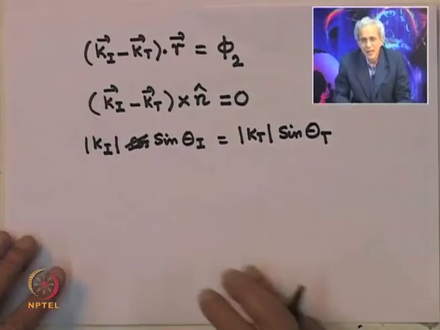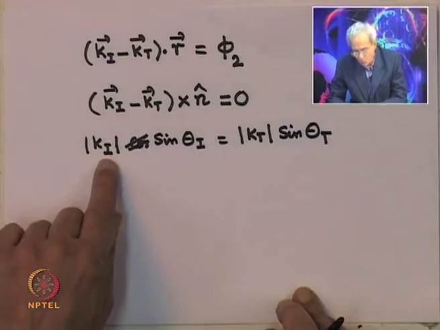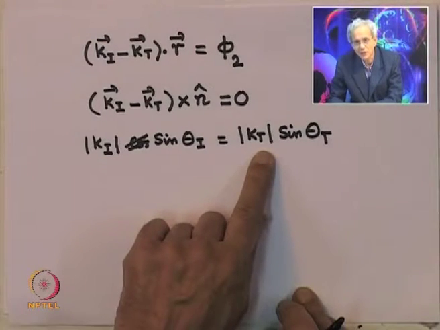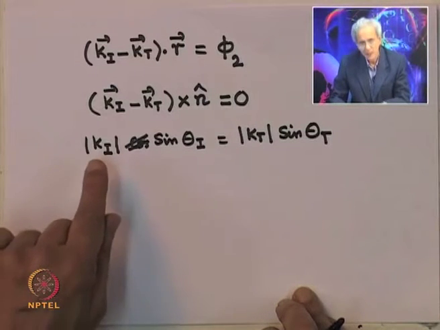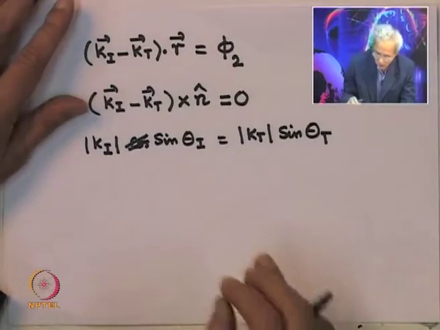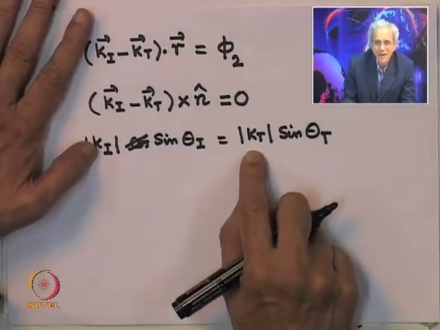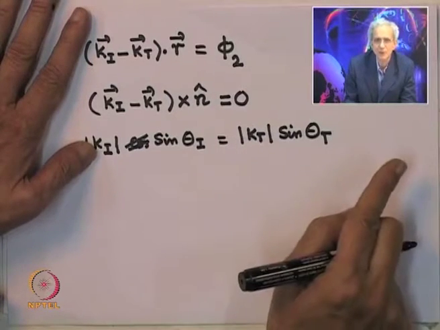Now, look, unlike the case of reflection, the two propagation vectors do not have the same magnitude anymore, and that is because one is in medium 1 and the other is in medium 2. I know that the magnitude of the propagation vector is nothing but omega divided by the velocity.